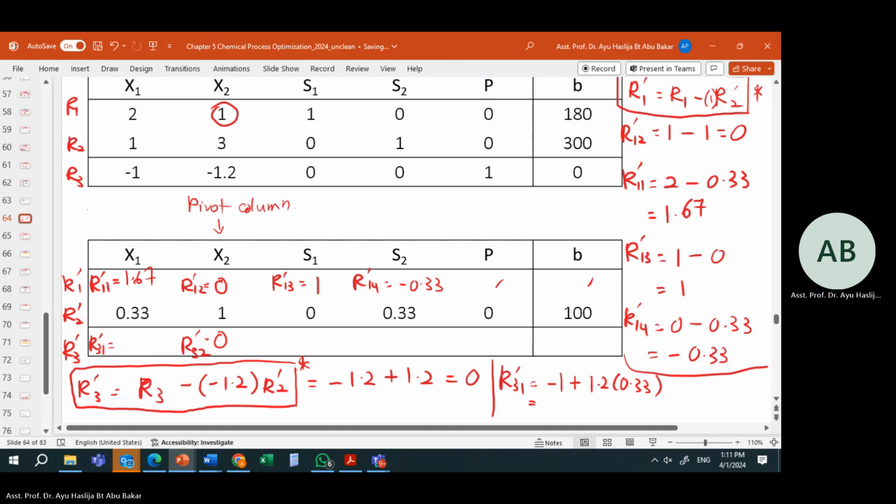What do you get for R prime 3, 1? Negative 0.6.